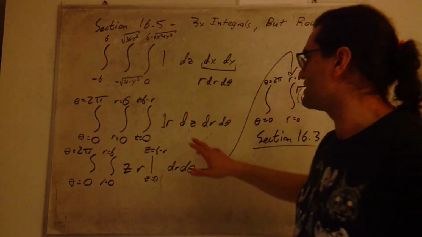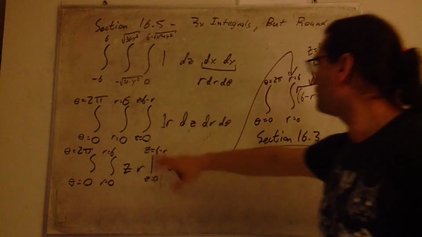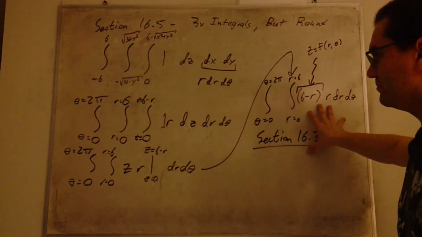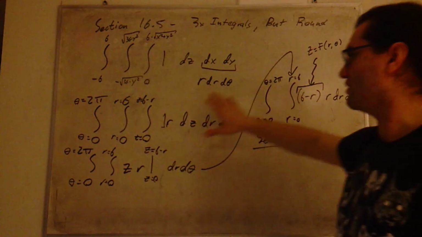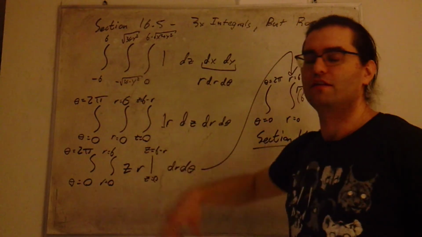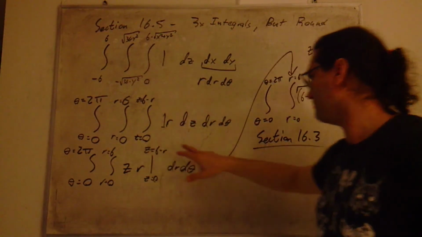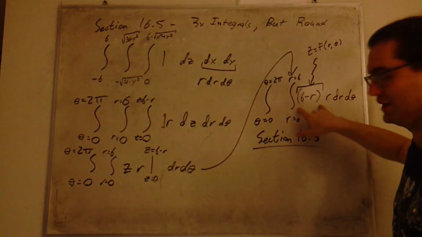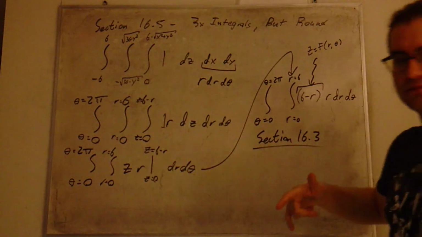The first reason is that this only happens when you want a volume. And so if you're integrating the function 1, then you're looking for a volume. And then you'll get this same sort of thing, usually.